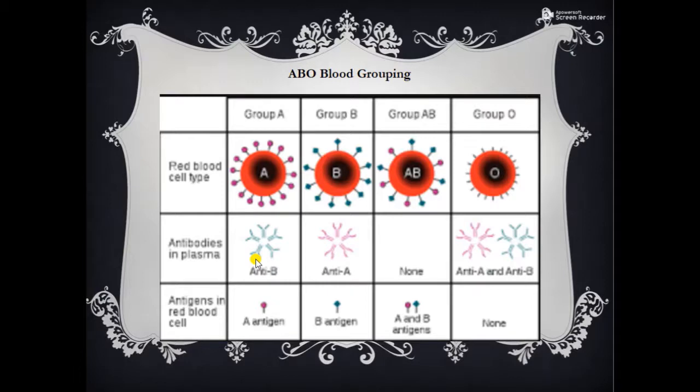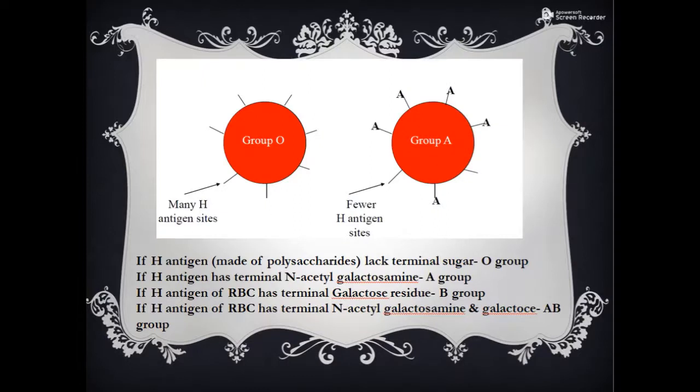When you have group AB, you do not have any antibodies against the A or B antigen in your plasma, but you have the A and B antigens on the surface of your RBC. And when you have group O, you have anti-A as well as anti-B antibodies in your plasma, but you do not have the A or B antigen on the surface of the RBC.